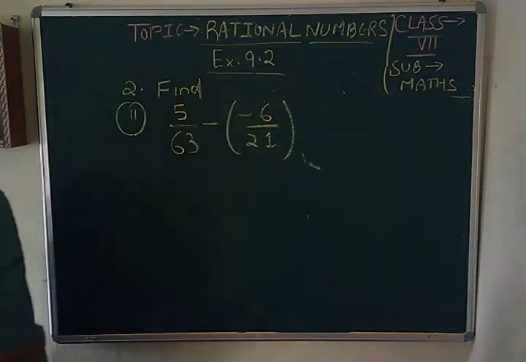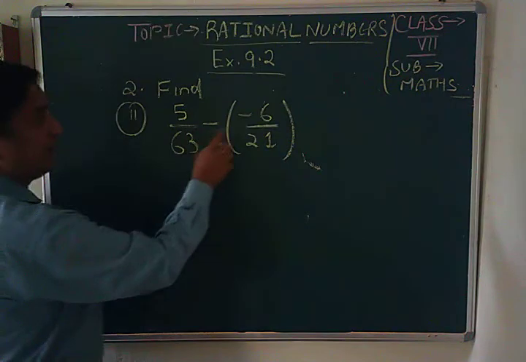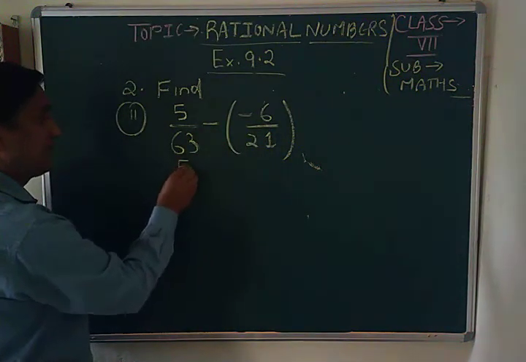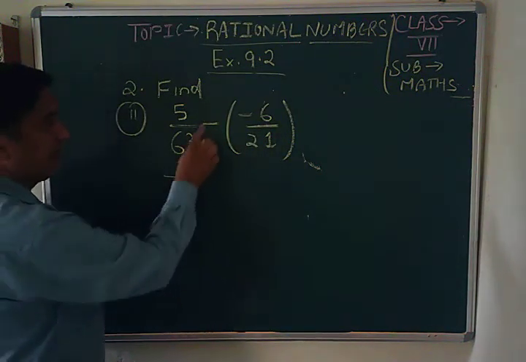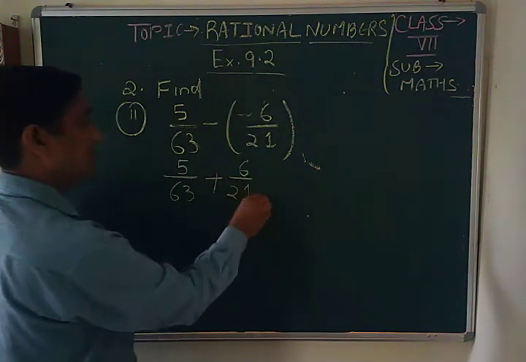This is the second part of the second question. Now children, first of all we have to remove the bracket. It becomes 5 upon 63, minus becomes plus 6 upon 21.